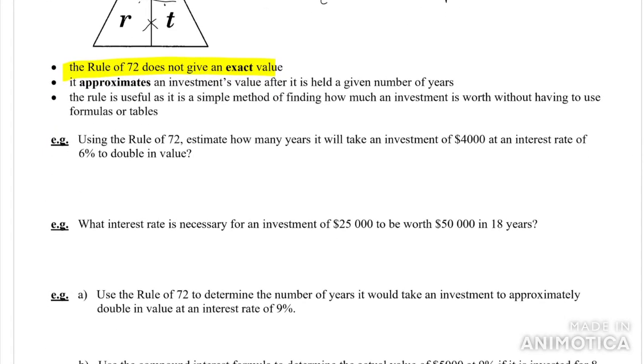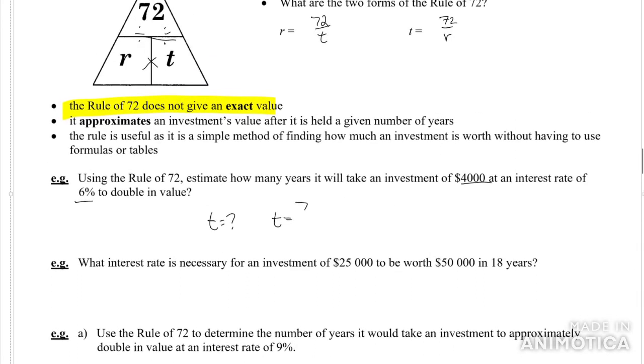So, example, using the rule of 72, calculate how many years it will take for an investment of $4,000 at an interest rate of 6% to double in value. So for this one, we're calculating time. So our formula here is time is equal to 72 divided by R. I leave this as a percent, so it would be 72 divided by 6.